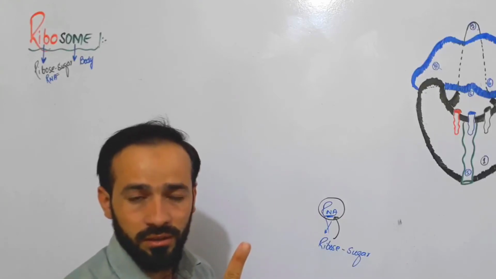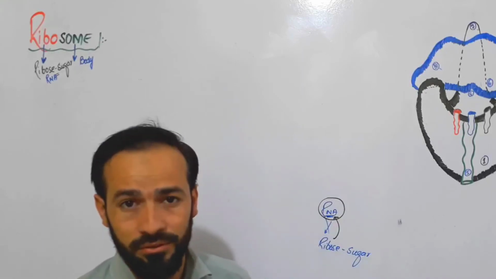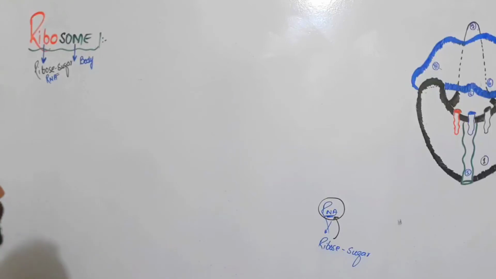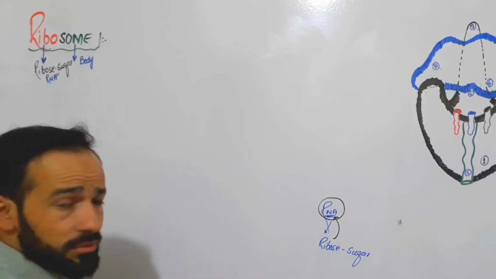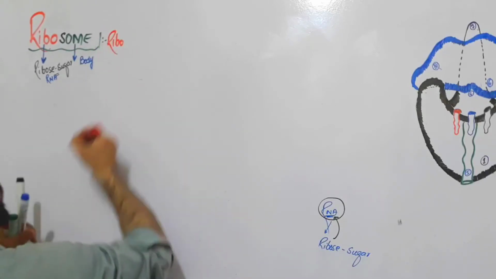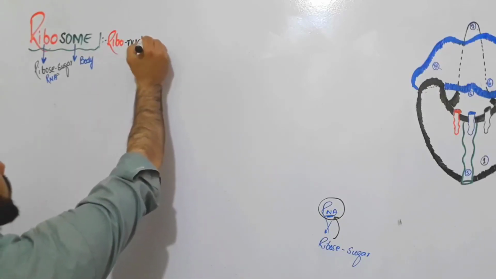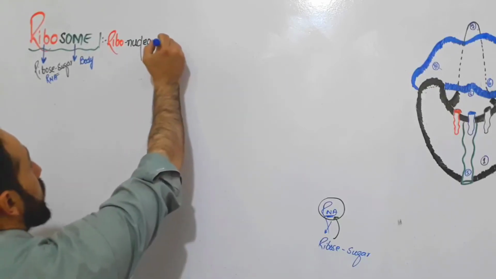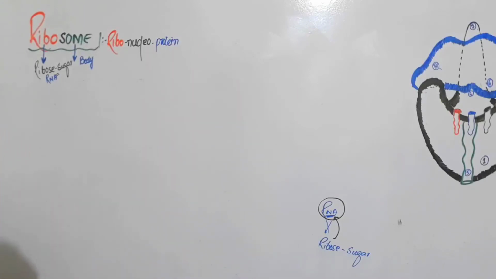So if someone asks what is the composition of the ribosome, the ribosome is made up of two important components. Number one, RNA. Number two, proteins. It's so simple, right? That's why ribosomes are also called ribonucleoprotein particles.